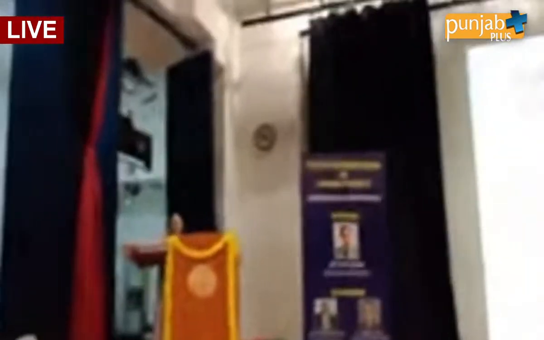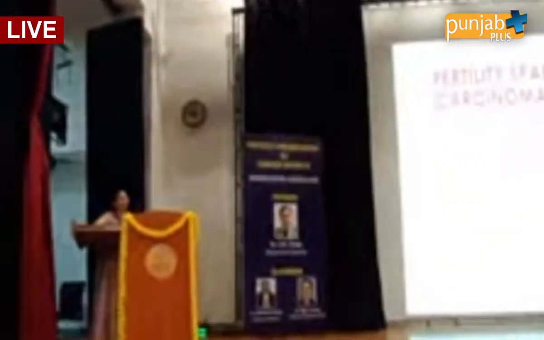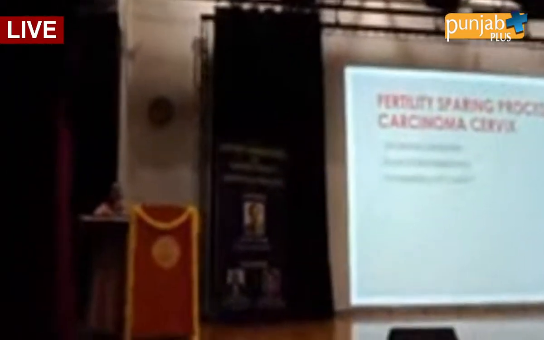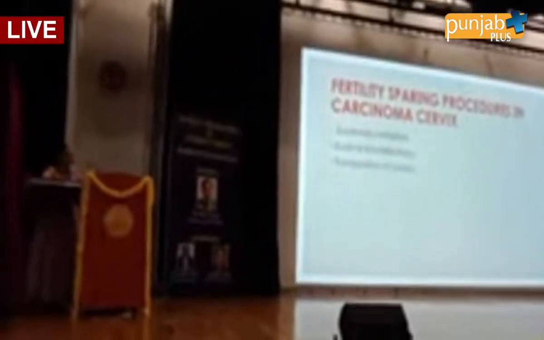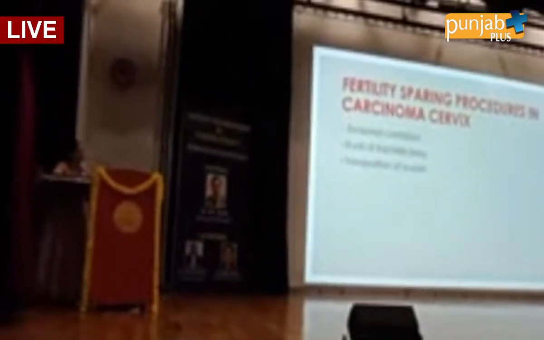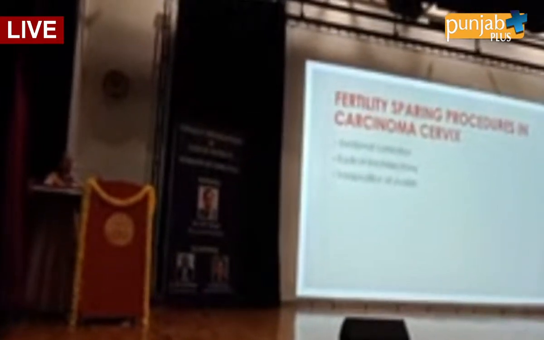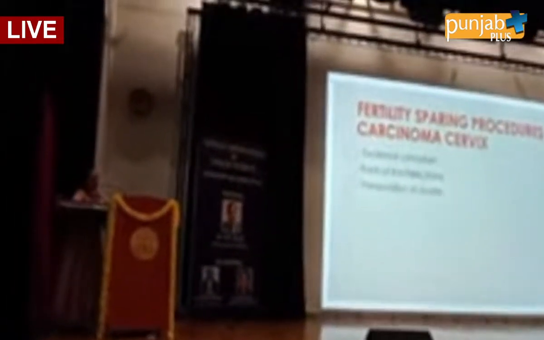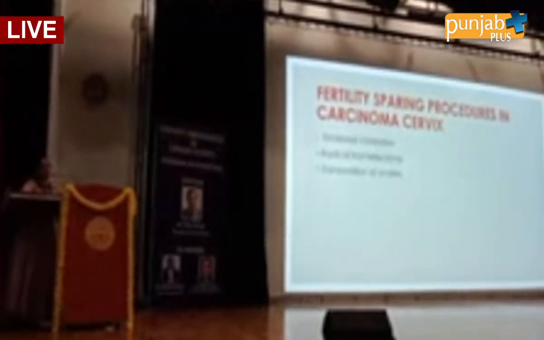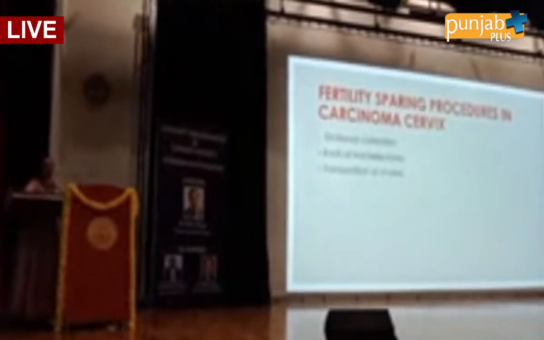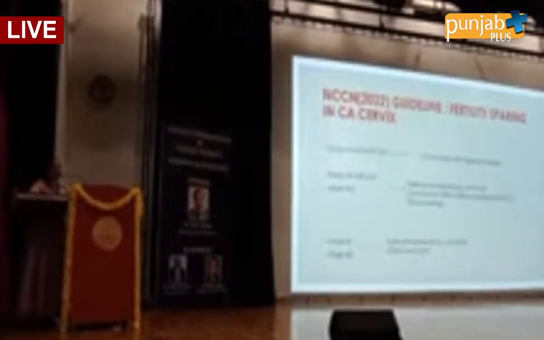But in fertility sparing procedures, what we can do, if the stage is very early, we can do excisional conization of the affected area. We can do radical trachelectomy, and if it is not possible to save the uterus, we can transpose the ovaries to some other place where the future management like radiation will not affect the ovaries.